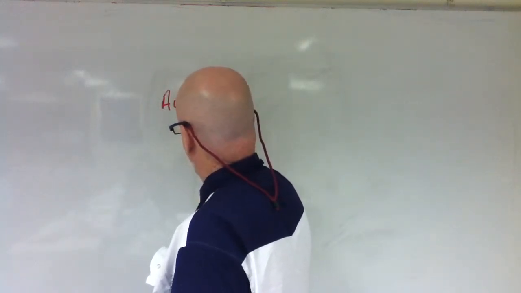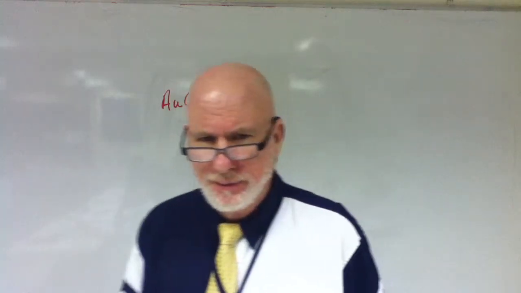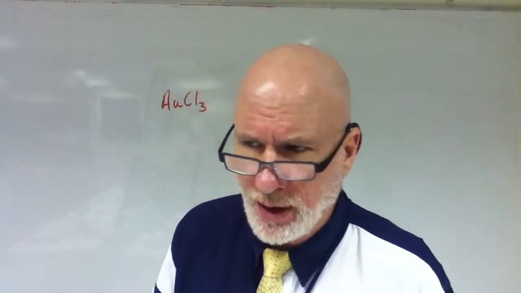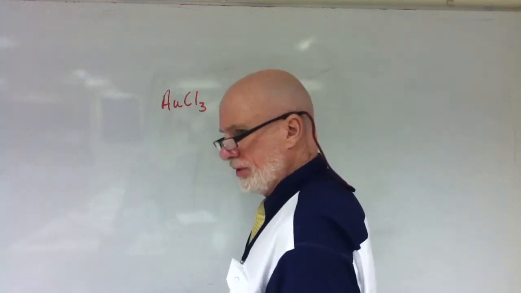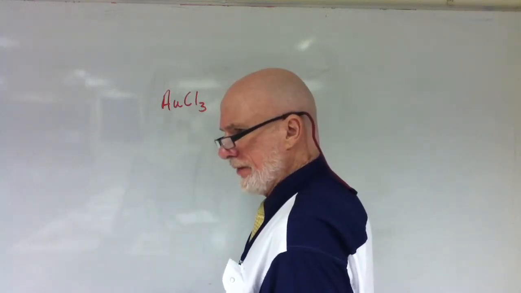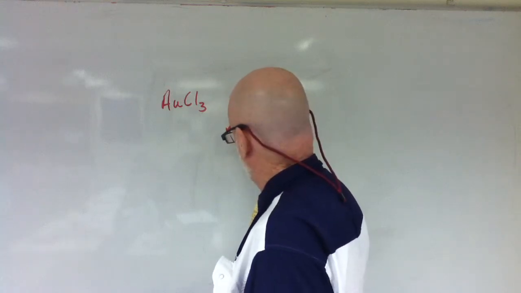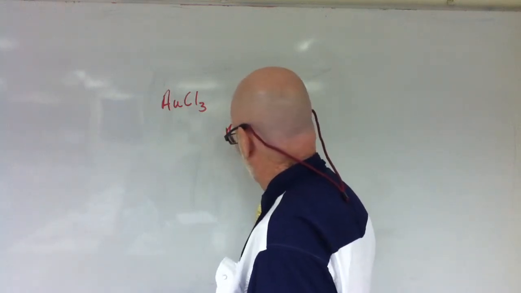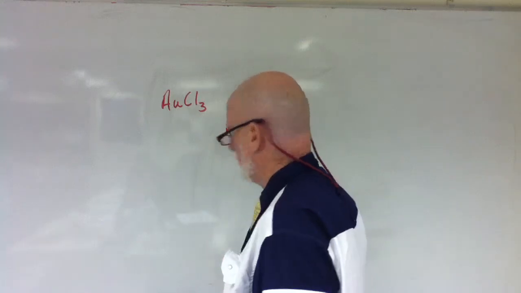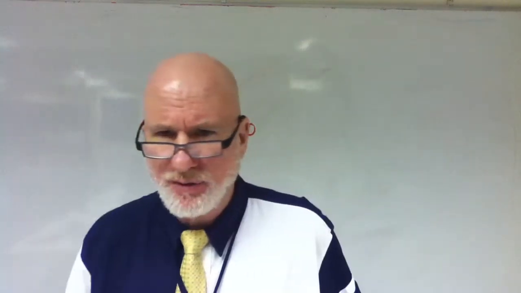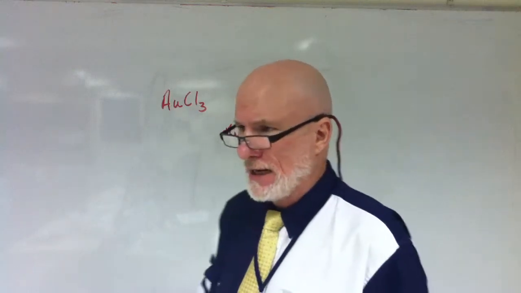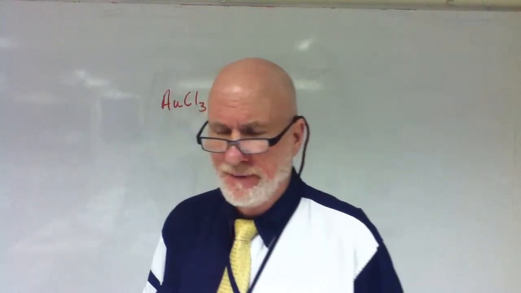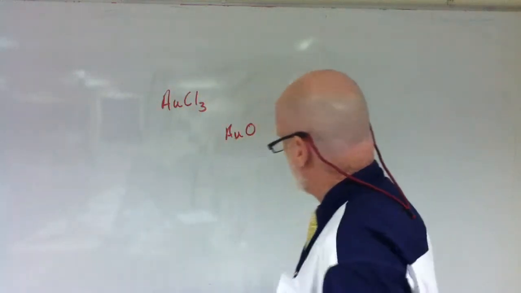Gold 3 chloride, or gold oxide. What has a higher percentage of gold? Gold oxide has a higher percentage of gold? That's kind of an easy one. Let's not take this one.